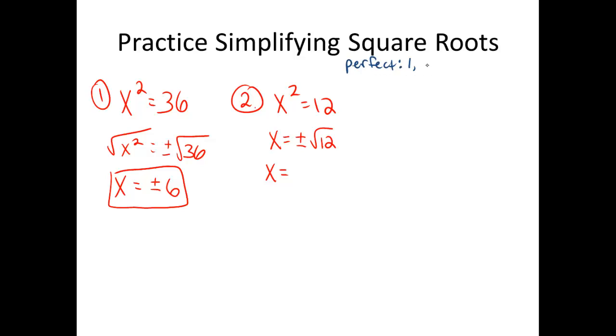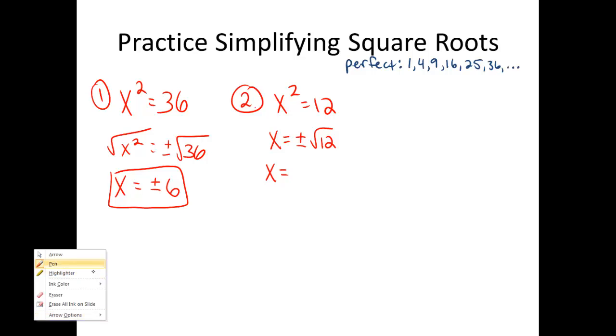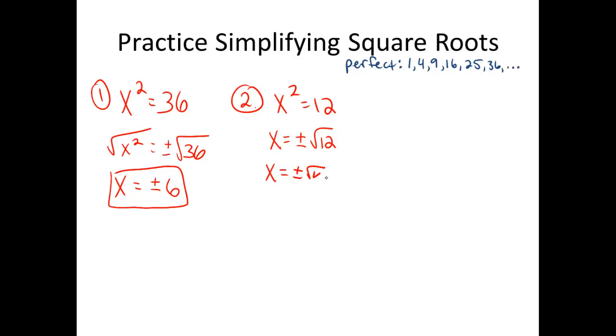Perfect squares were 1, 4, 9, 16, 25, 36, and so on. The perfect square that goes into 12 is 4. So this is plus or minus the square root of 4 times the square root of 3. We're just breaking the 12 into its factors. The square root of 4 is 2. The square root of 3 is not perfect, so it stays under the house. And there's our answer.